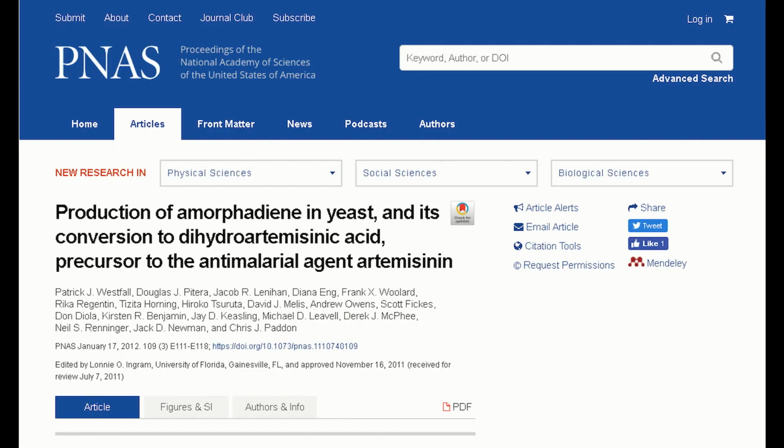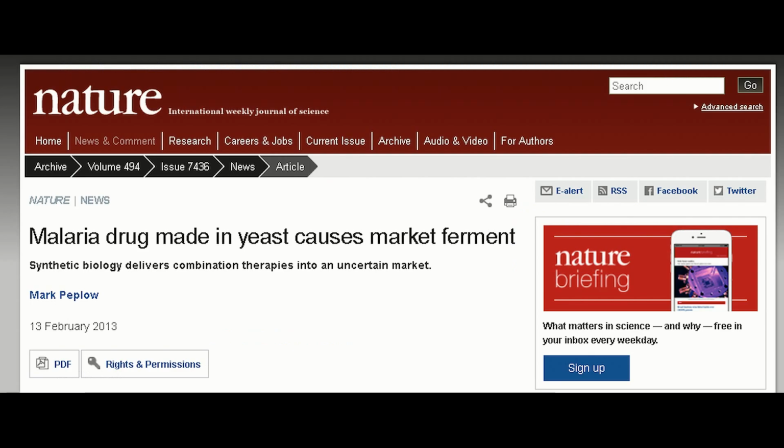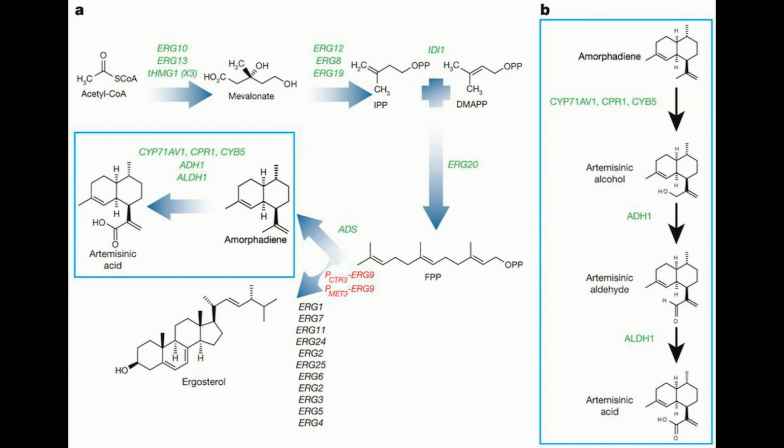Previous attempts could not produce commercially viable quantities, at roughly 1.6 grams a litre. This changed around 2013, when they were able to begin producing 25 grams a litre, or nearly 20 times the previous volume. This is done by transferring genes for a dehydrogenase and cytochrome into the yeast cell.